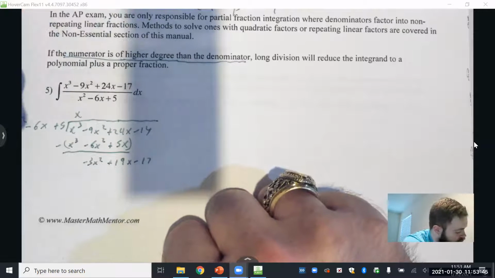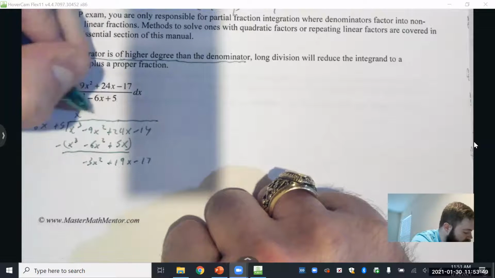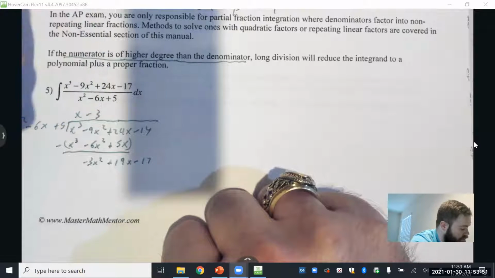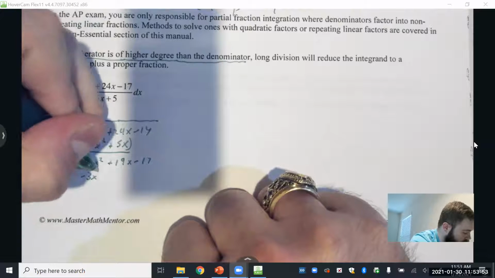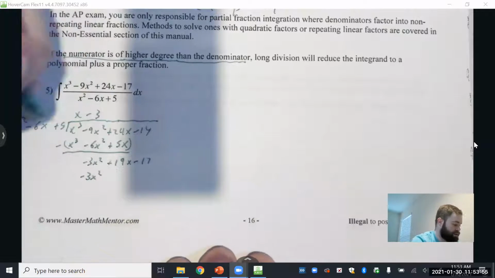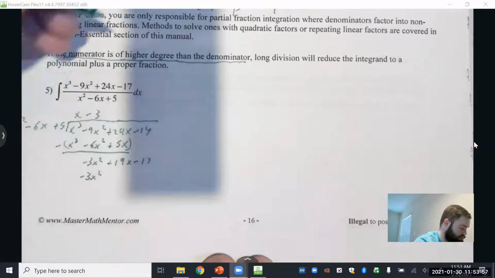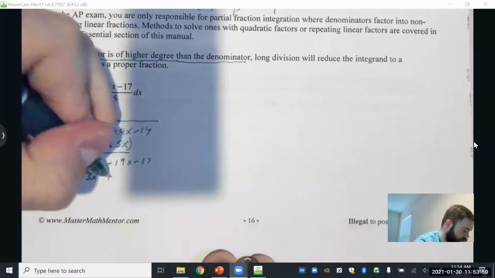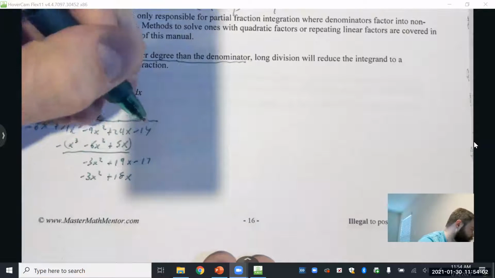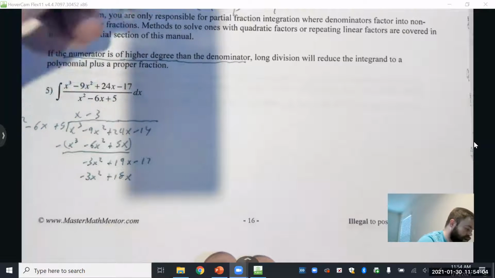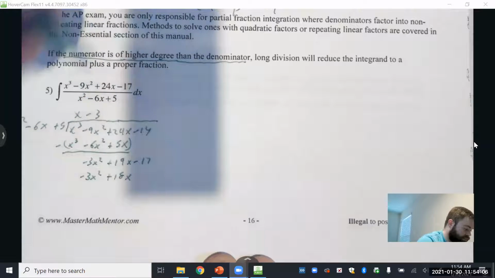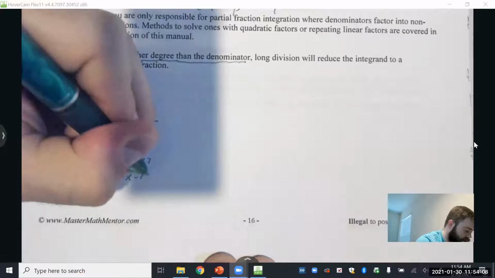How many times does x squared go into the negative 3x squared? We'd have to multiply by negative 3. Negative 3 times that will be a negative 3x squared, as it should be. Negative 3 times the negative 6x would be a positive 18x. Negative 3 times the positive 5 will be a negative 15.